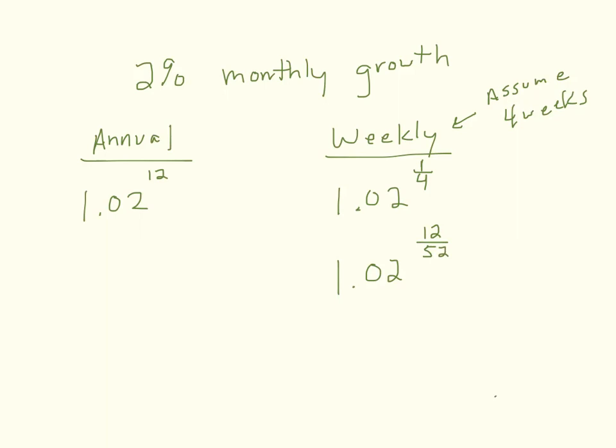That one's a little closer than the 4th, because if there are 30 days in a month, you're 2 days off from having 4 weeks. This way is close to a 4th, but a little better because you get the annual and then divide it by the weekly.